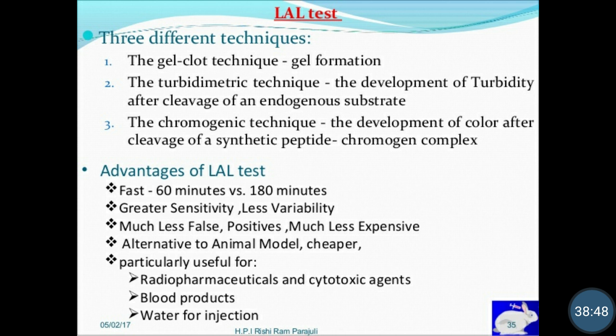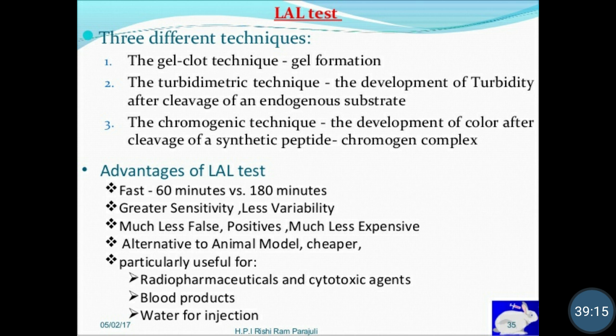If the test fails, an extra 5 rabbits are taken and testing is done on the 8 rabbits. Again, for those 8 rabbits, the individual temperature rise should not be more than 0.6 degrees Celsius and in the group the temperature rise should not be more than 3.7 degrees Celsius.